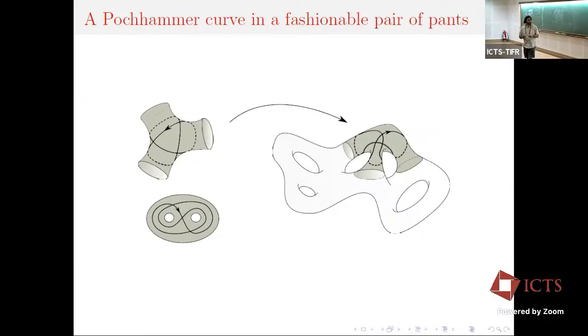So in a way, this loop will lift to a simple curve in some cover of the pair of pants, and you have to do the homology there. So this is basically what comes out.